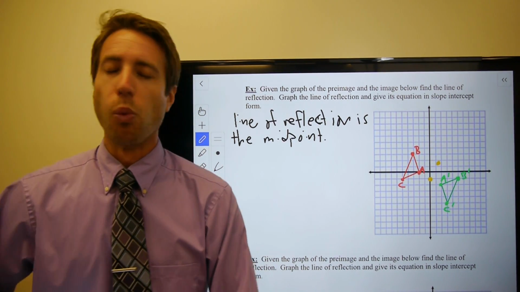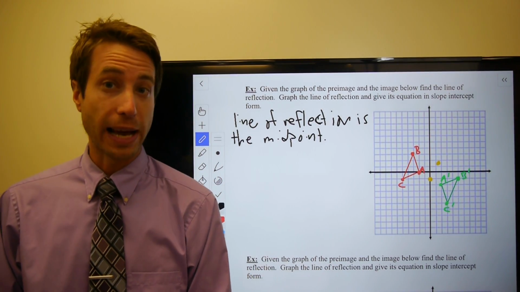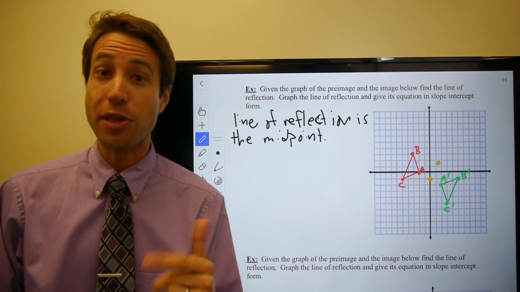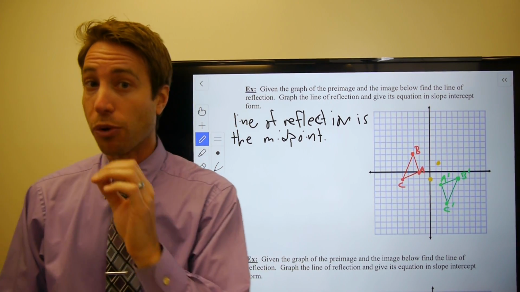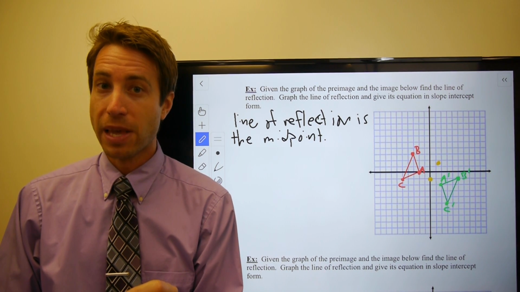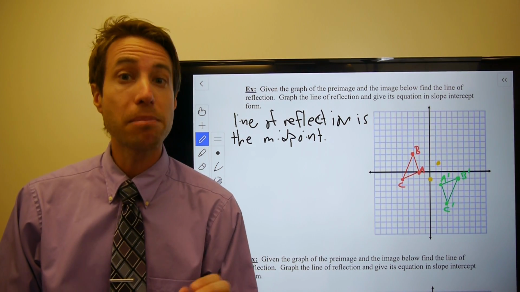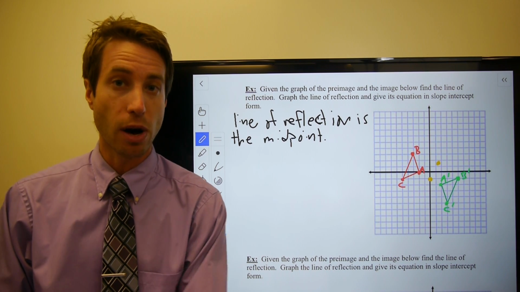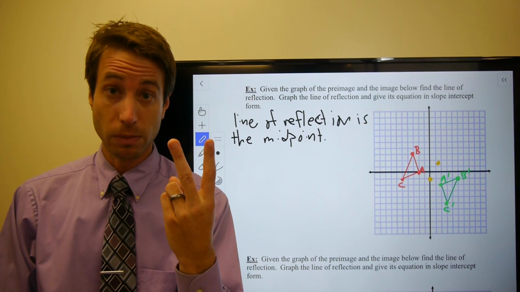Now, why do I not need to find the midpoint between C and C prime? Well, think about what we're trying to draw. We're trying to draw a line. What is the minimum number of points needed to draw a line? 2.